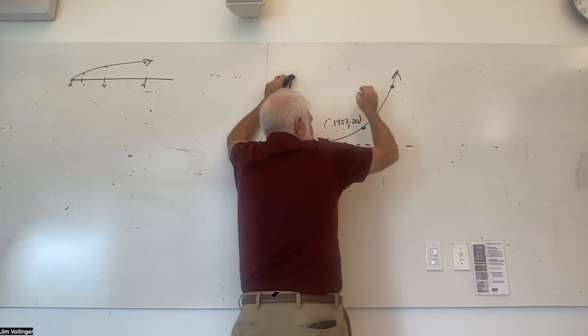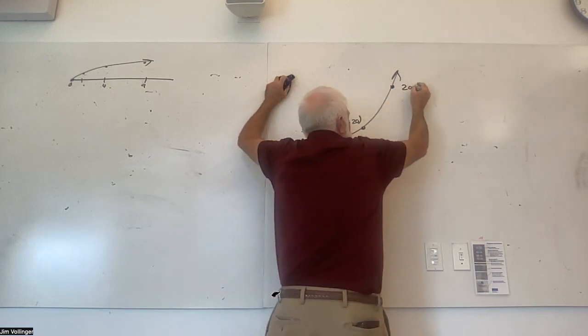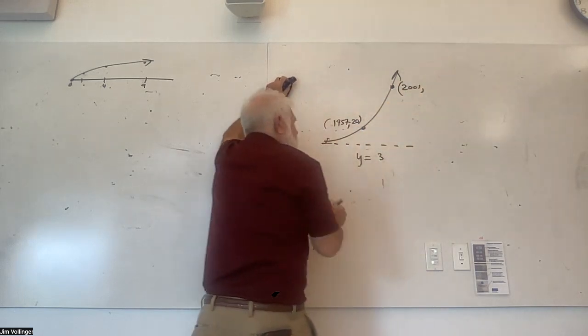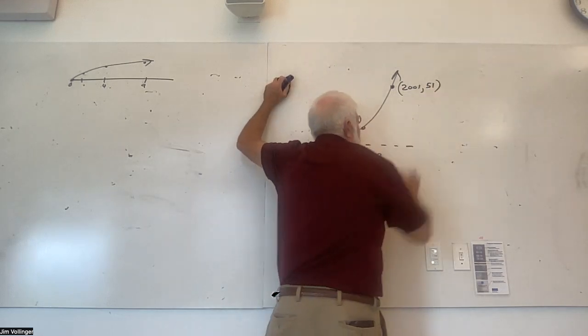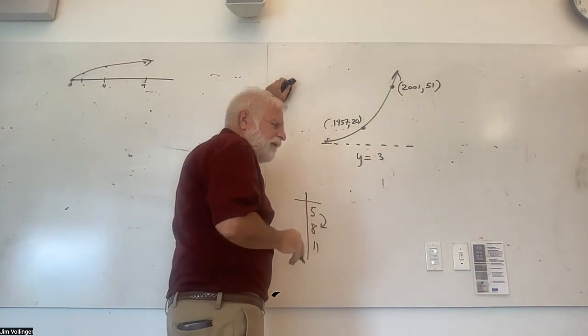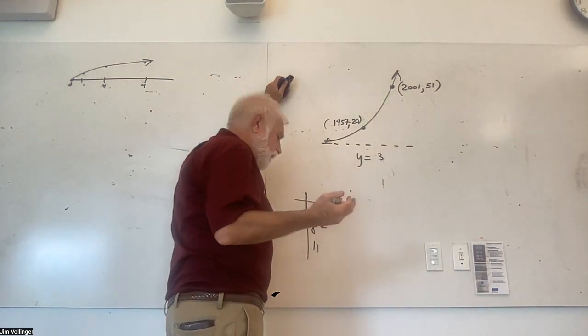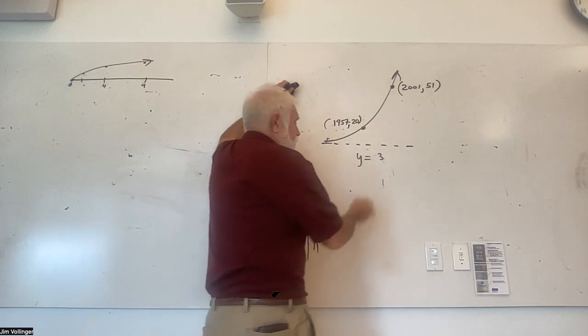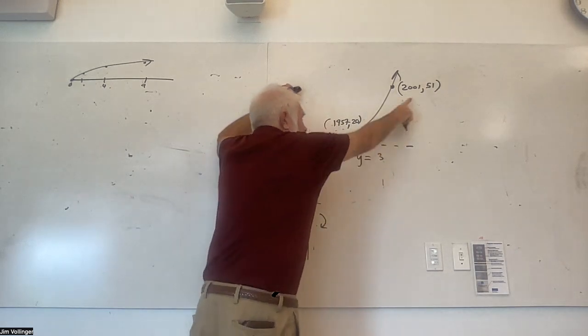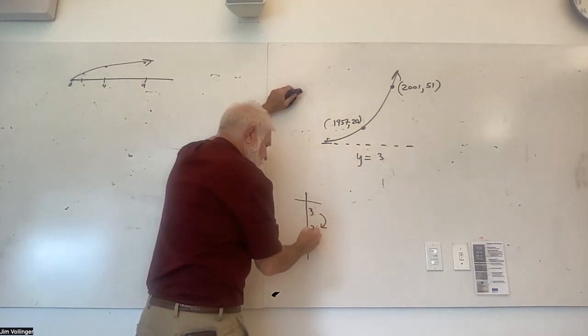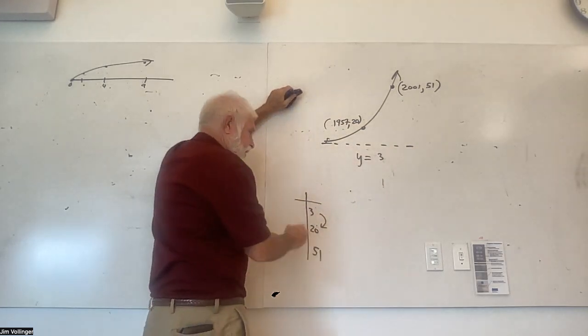And way up here, let's go in 2001, there were, I don't know, 51 of something. Okay, maybe this is drawn to scale, doubtful. You pause. The new numbers for y's are 3, 20, and 51. 3, 20, and 51. How do I get there?